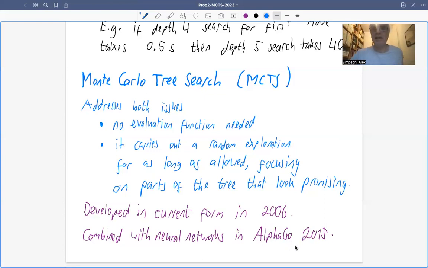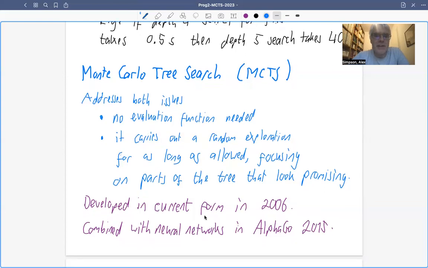Actually demolished them in a tournament in 2015. This was one of the big progress points in artificial intelligence, when people really realized that artificial intelligence was becoming much more powerful than people had thought was going to be possible by this time. There's been lots of development since then as well. Anyway, Monte Carlo Tree Search is one of the 2 main components of the AlphaGo program.